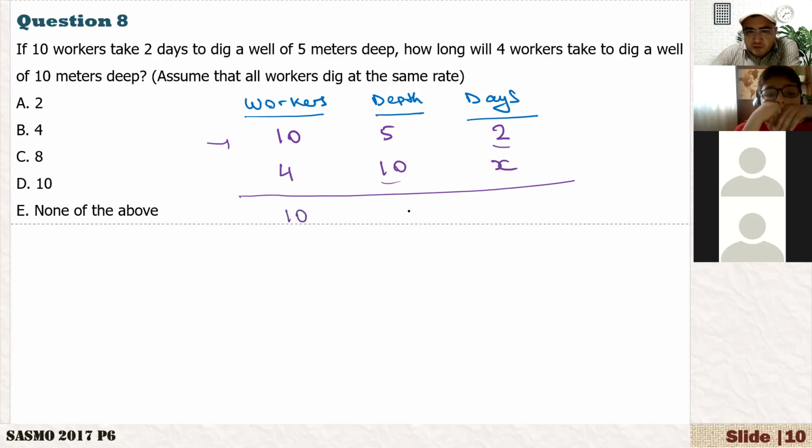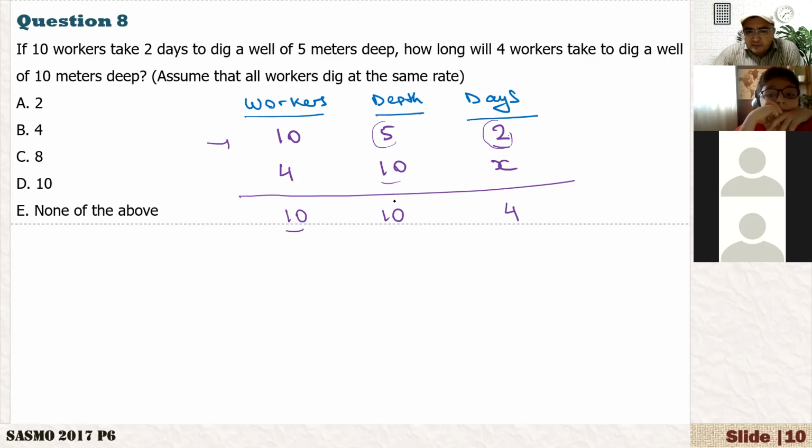We know that if they work more, they can dig more. So if we want them to dig 10 meters, it takes 4 days. Because 10 workers in 2 days can dig 5 meters, and in another 2 days, they can dig 5 more meters. Altogether in 4 days, they can dig 10 meters.